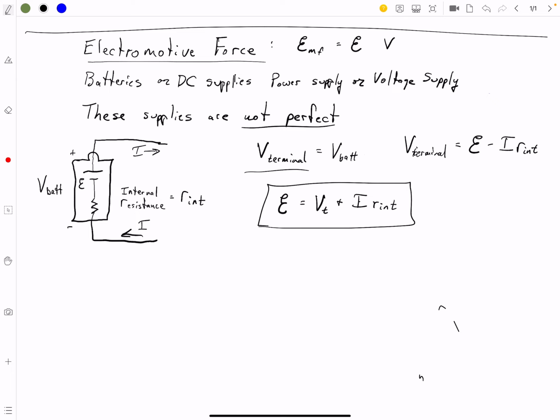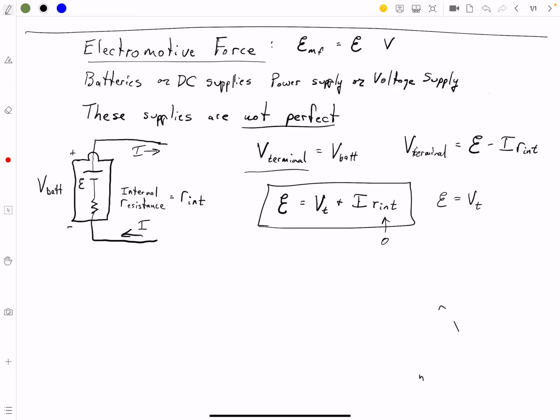Now, a lot of the times we've been using V and E, epsilon, interchangeably. And when we're doing that, we're considering the battery to be a perfect battery. If that guy is 0, then of course epsilon, our EMF, is equal to our voltage at the terminals, right? So they're interchangeable.